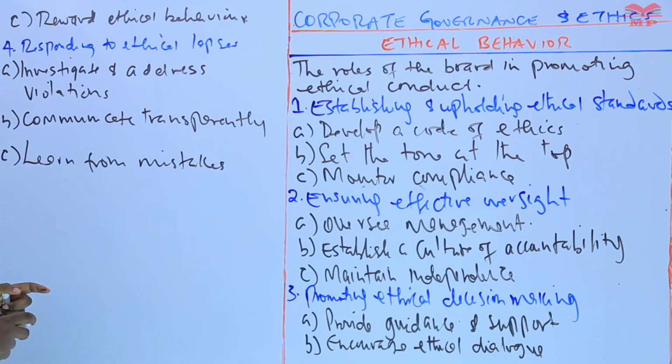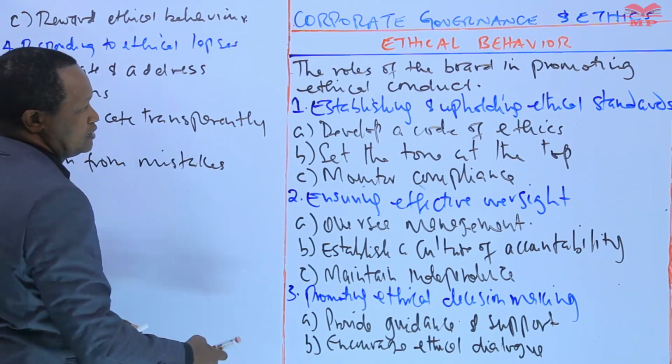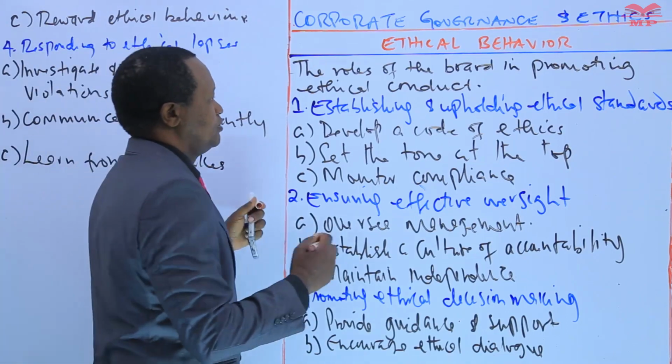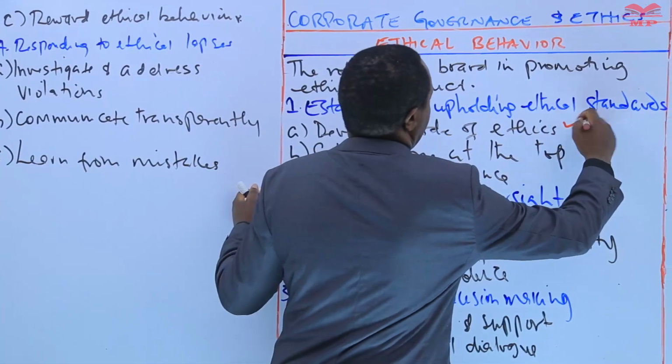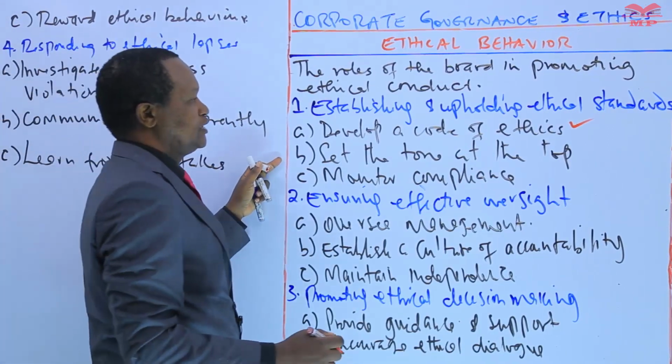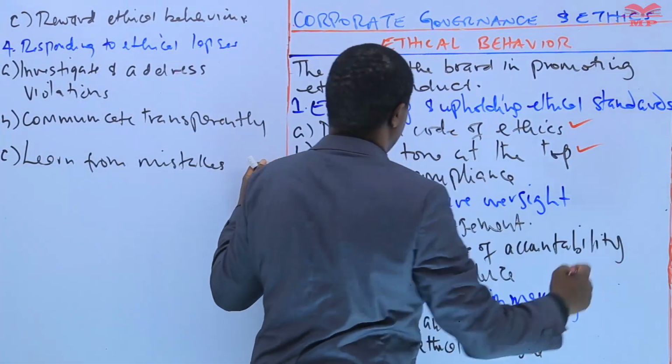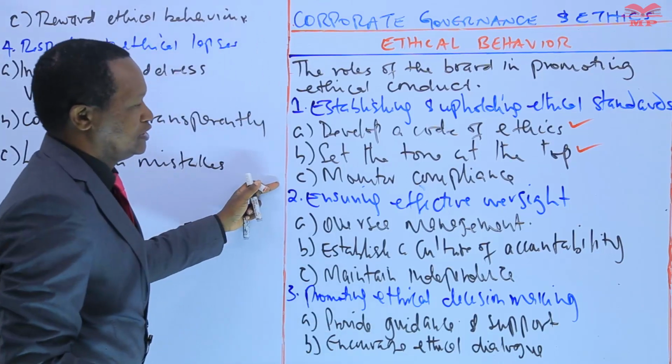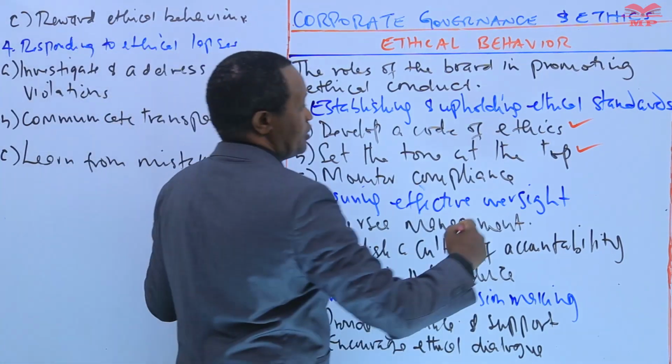So these are the roles of the board in promoting ethical conduct. The first one is to develop a code of ethics. The board should then set the tone at the top. Number 3, it is the role of the board to monitor compliance.